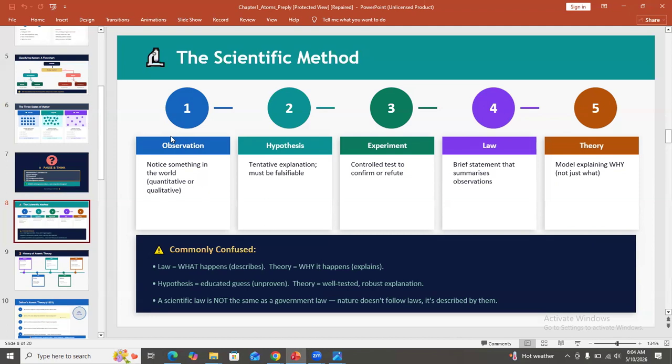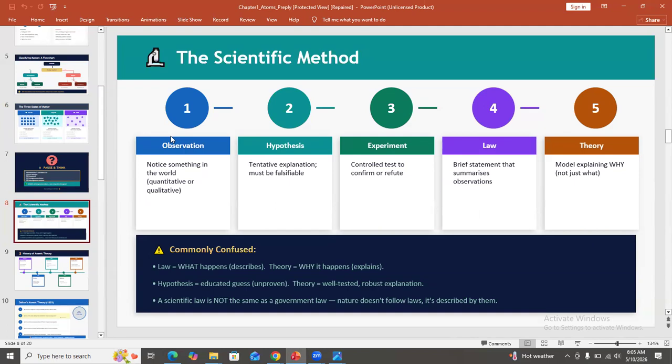So this is your observation, and now based on what you've noticed in the plant, you make your hypothesis that this plant might need some water, and because there is a lack of water, the plant is in this condition.